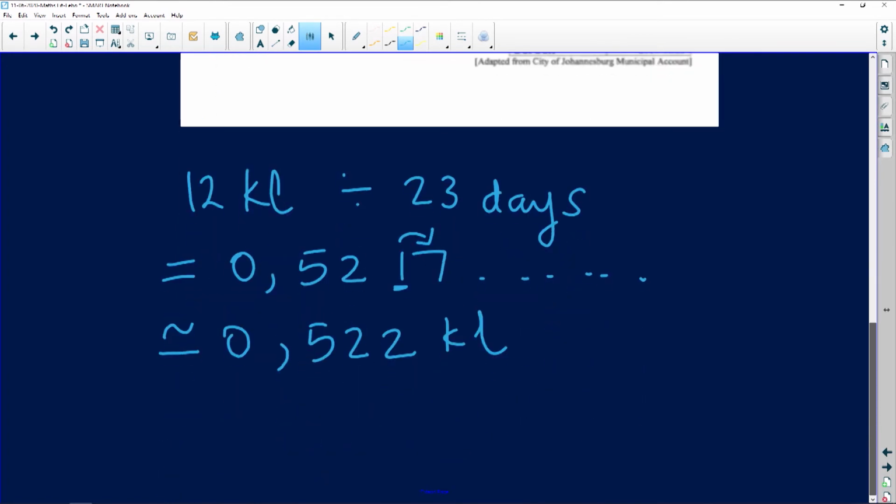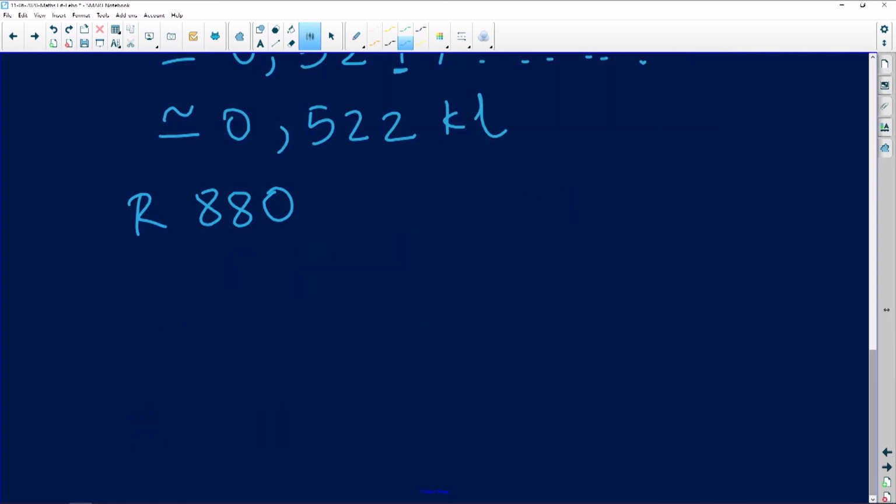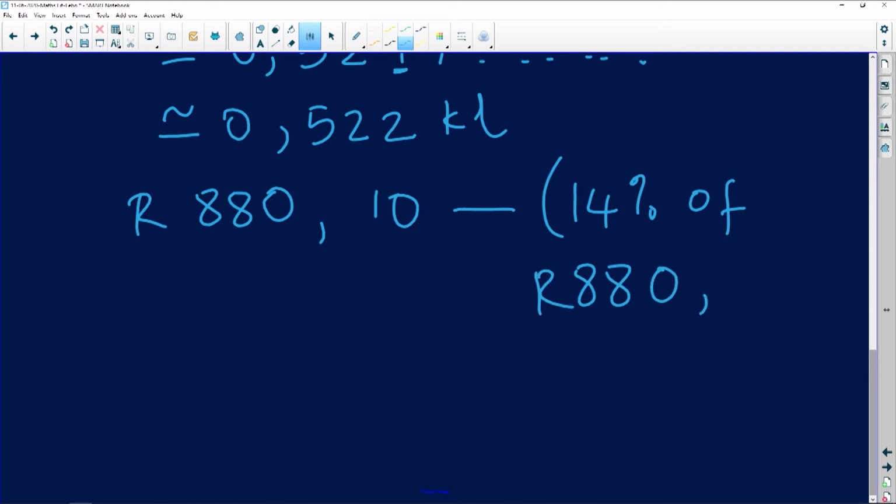So we say 880 rand and 10 cents minus 14% of 880 rand and 10 cents. And then what do I do with it? I go and I calculate it.